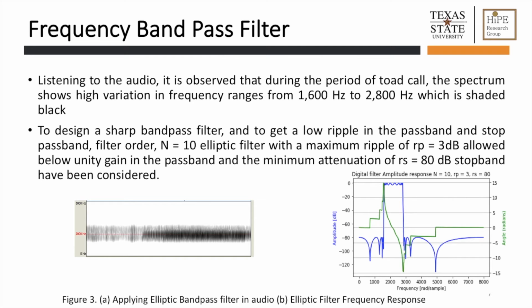To take out all of the unnecessary parts and just stick to the shaded parts for the signal processing, we used a sharp bandpass filter, an elliptic filter with maximum ripple of 3 dB in the passband and 80 dB in the stopband. We used this sharp filter because we wanted only the frequency range from 1600 Hz to 2800 Hz.